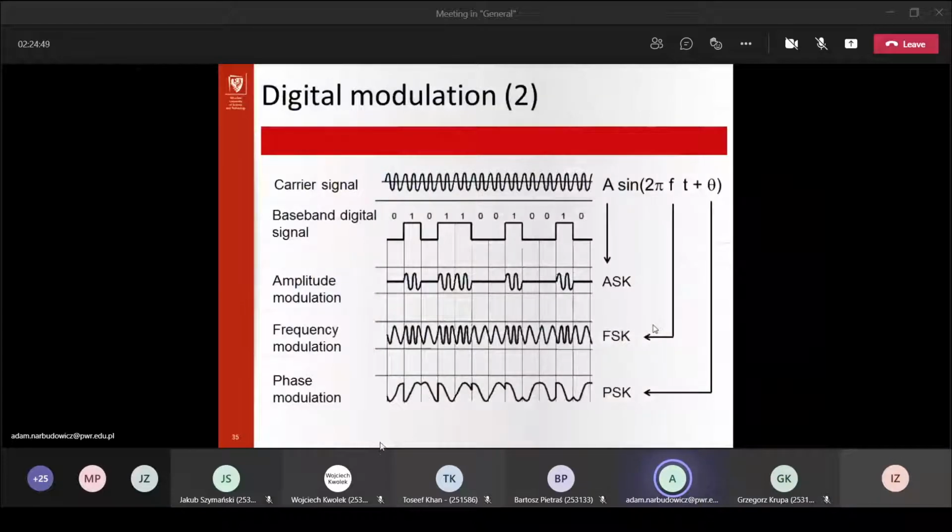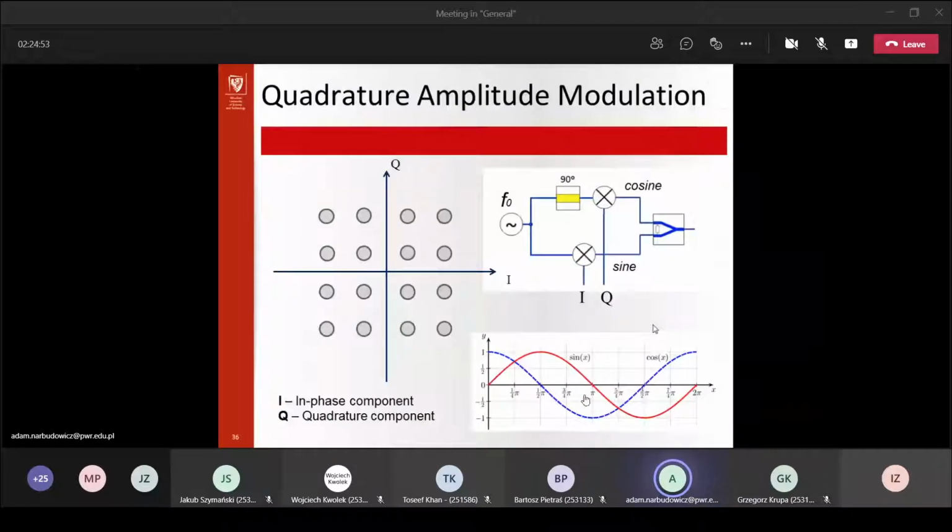Any questions so far about amplitude shift keying, phase shift keying? So in phase shift keying, I expect a signal of, let's say, 1 gigahertz, but what I received looks like it's shifted by 90 degrees.